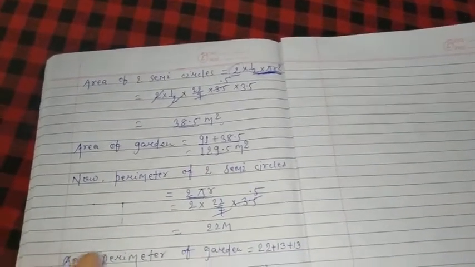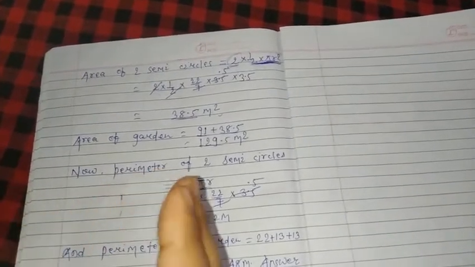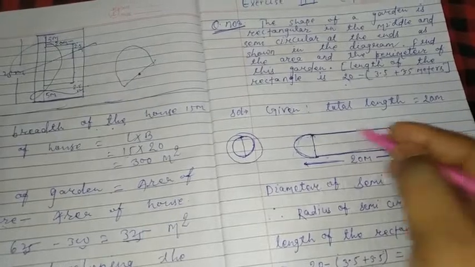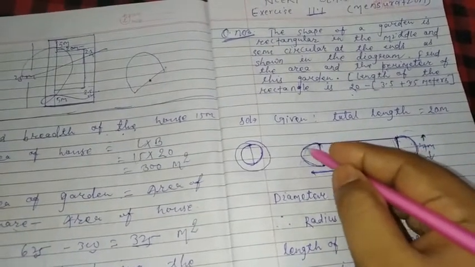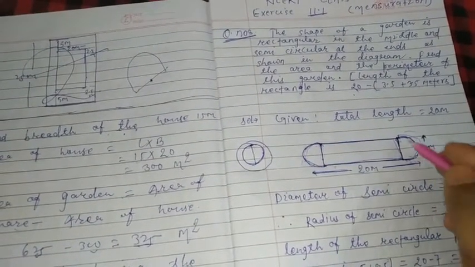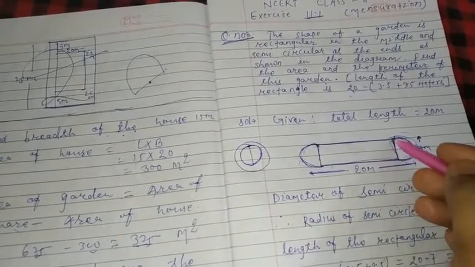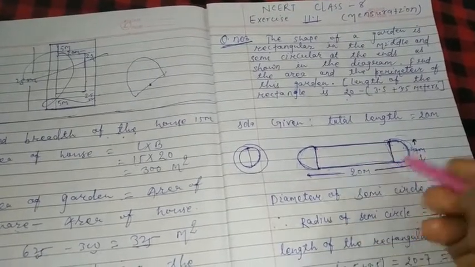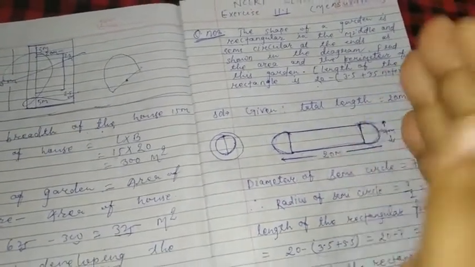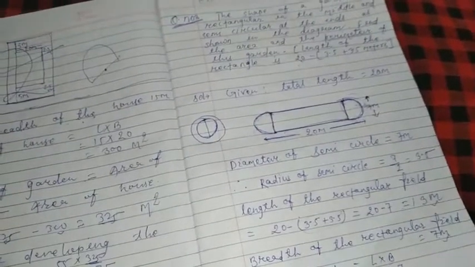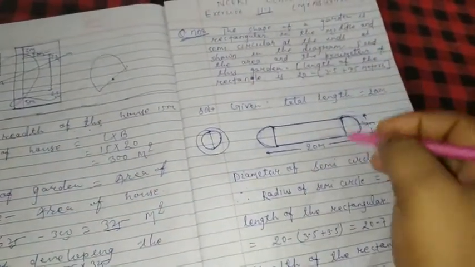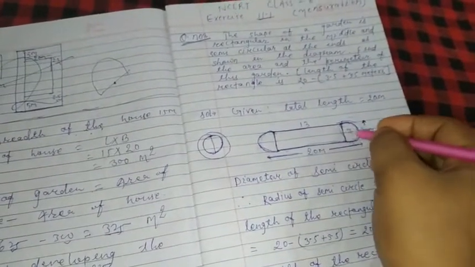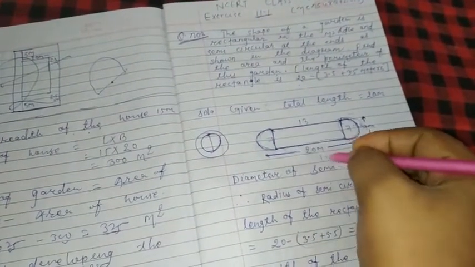Now we have to find the perimeter of this rectangle, because this is also part of the garden, and we have already found the perimeter of the two semicircles. The remaining part of the garden is the rectangle, and as we know well, the perimeter of any figure is the sum of all sides. Now we have 13 meter, 7 meter, 7 meter, and 13 meter.